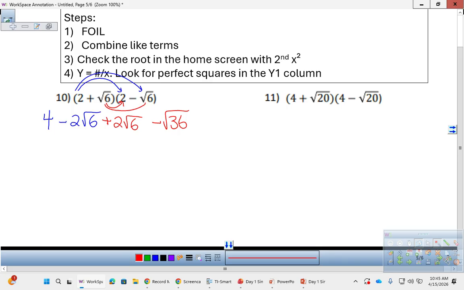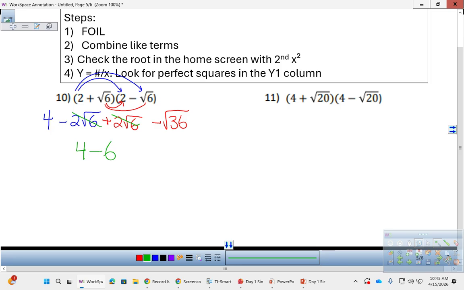What happens here is these two terms zero out, because if I have 2 root 6 and I take away 2 root 6, that whole term is 0. So what I'm left with is 4, this cancels out, and then minus root 36, but the square root of 36 is 6.